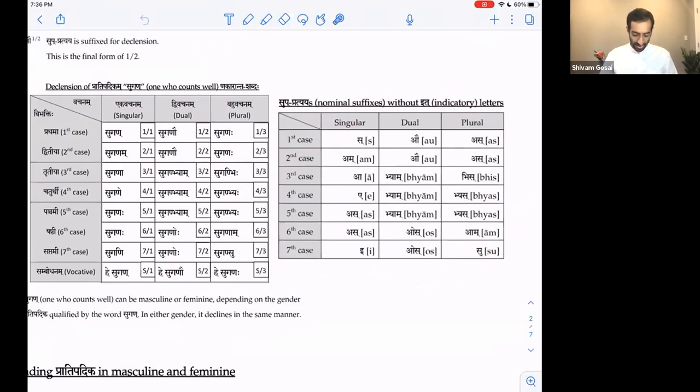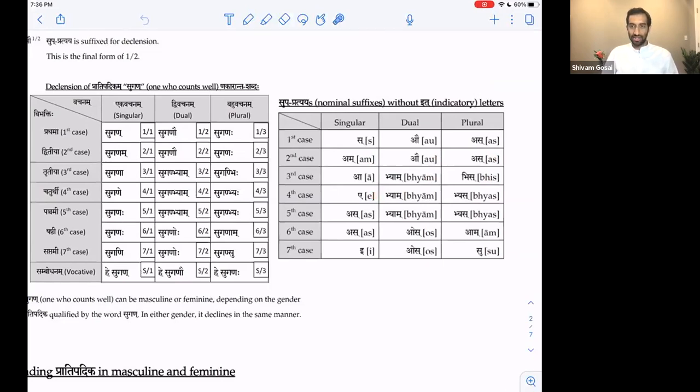We've noticed some things, that in 1-1, sa comes and then it gets elided. So sugan, sugano, you can chant with me. Suganaha, that sakara becomes a visarga. Suganam, sugano, suganaha. And you can go sugana, suganbhyam, suganbihi. Sakara becomes visarga, right?